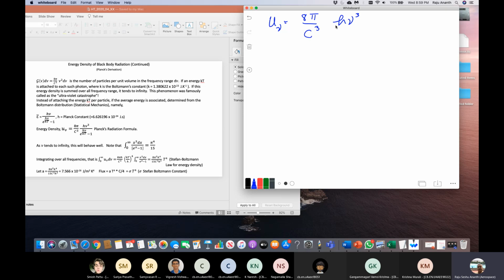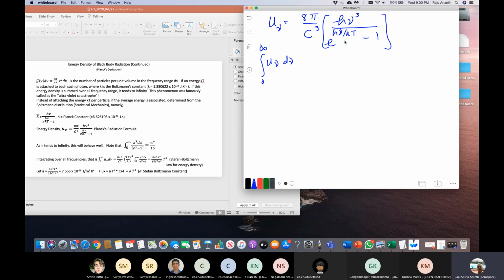Remember, that is what was blowing up, and divided by exponential of h nu divided by kT minus 1. Okay, so let's just do an integral of that. So what exactly is the integral from 0 to infinity of u nu d nu? Let's just do that one easily.